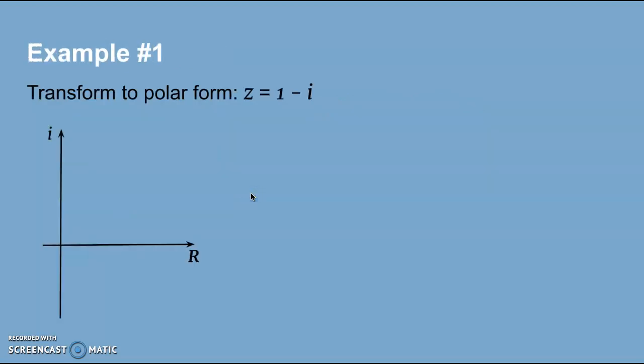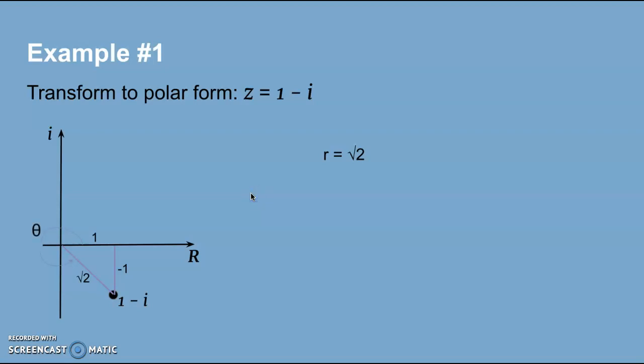Okay, so here's an example. I'm going to transform the complex number 1 minus i into polar form. So here's my point. It's 1 unit over and 1 unit down. That means that the distance from the pole to the point is the square root of 1 squared plus 1 squared, which is the square root of 2.